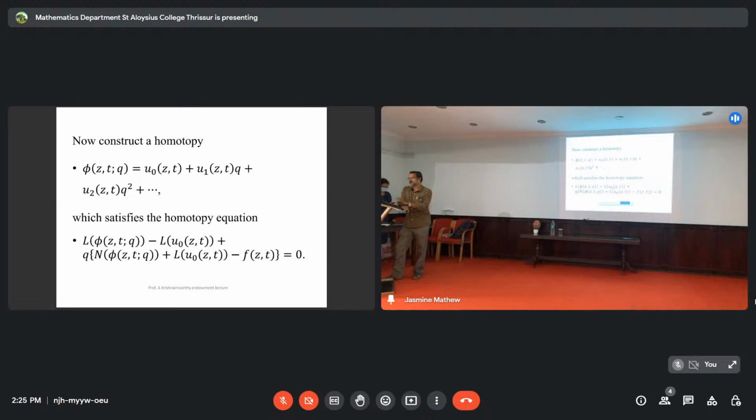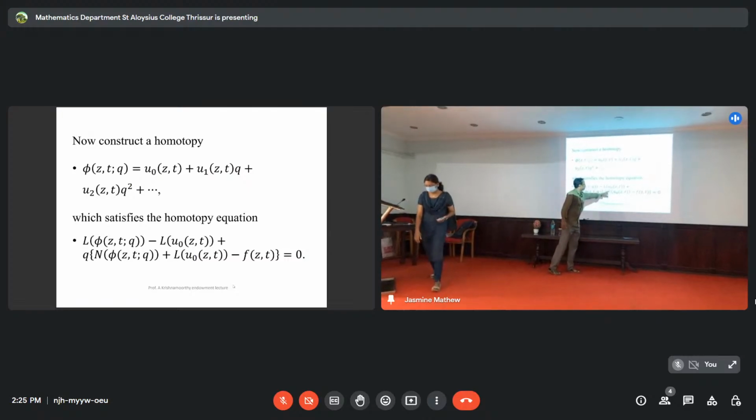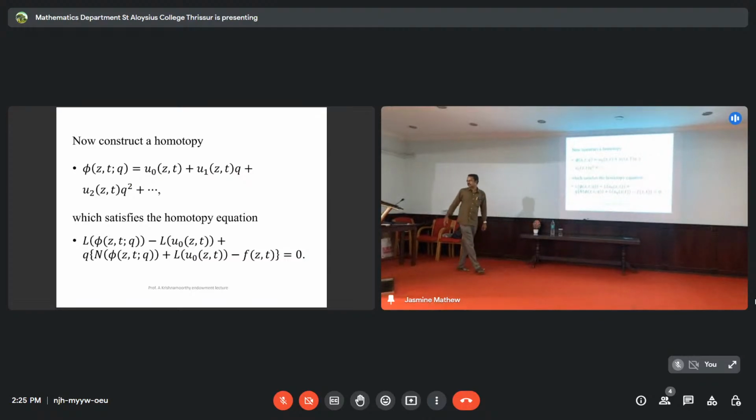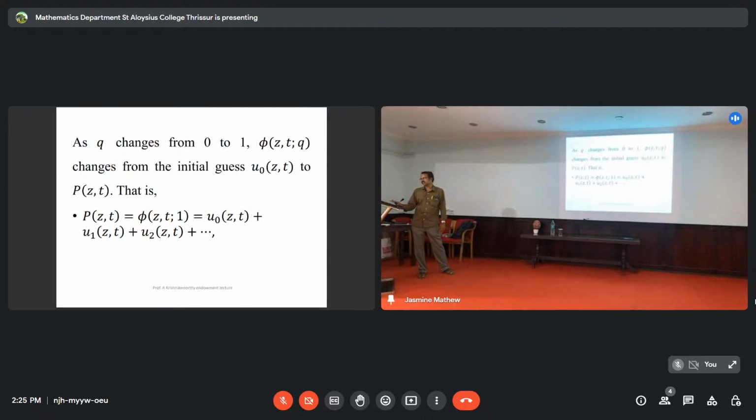Now we substitute this to form the homotopy equation as given there. So you can see that when q is equal to 1, we can combine these two. So this becomes L plus N, when q is 1, and that is A. And when q is 1, these two terms get cancelled, and one can see that this is nothing but this differential equation.